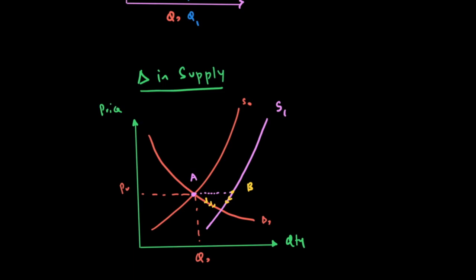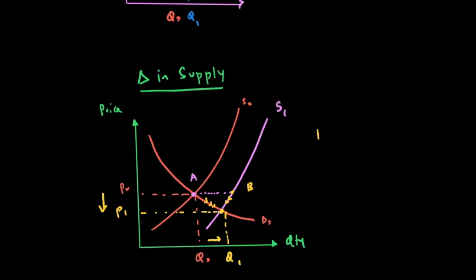So if the prices start to go down to, for example, P1, which is my new equilibrium, at P1 we can say that the price has gone down and there is a higher quantity demanded.